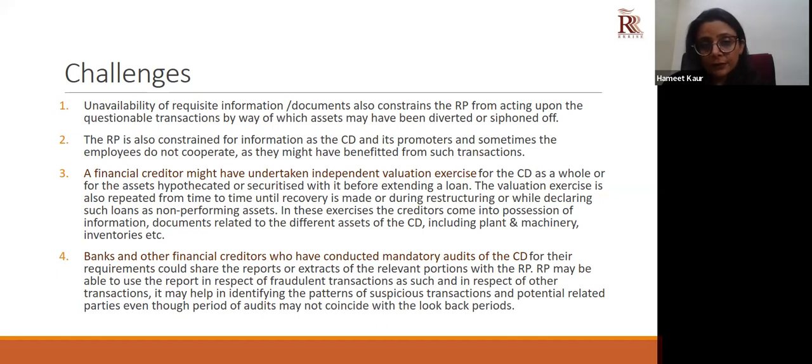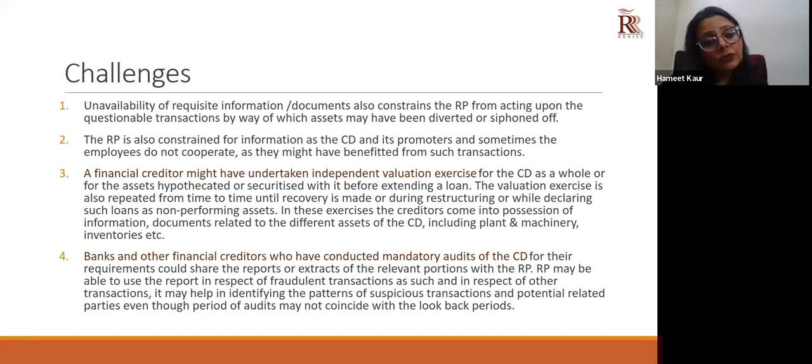Stock audits are carried out, so those reports are available with the FCs. Banks and other financial creditors who have conducted mandatory audits of the CD for their requirements could share the reports or extracts of relevant portions with the RP. So the RP may be able to use those reports in respect of fraudulent transactions as such.